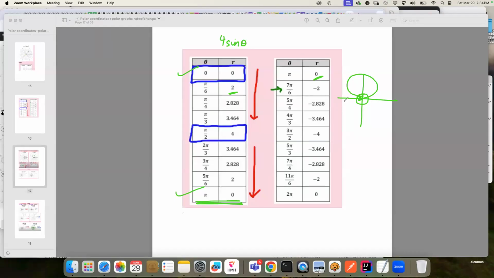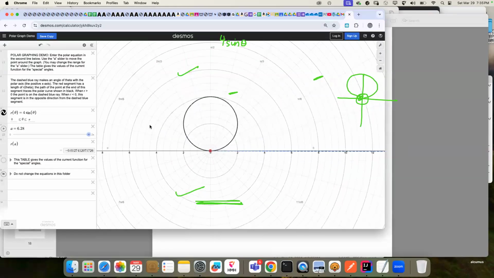I want to show you in the graph. See, let's see what happens here. You're seeing the polar graph now in the Desmos calculator. So I use the slider.